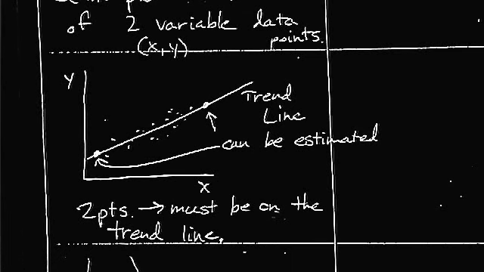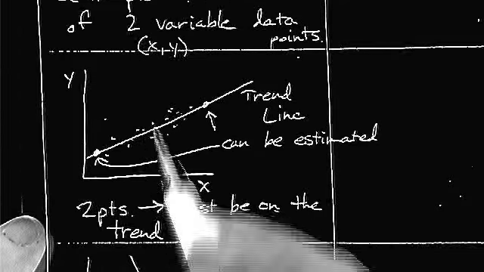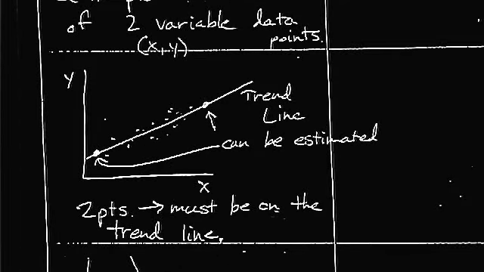But don't look at it and say, oh, I'll just draw a line so it goes through 2 of the data points and then I can use those 2 points. Don't do that. That's not what a trend line is. A trend line goes through the middle the best you know how. So you're going to have to estimate 2 points. In fact, maybe on the test I'll say you can't use data points, because I want you to estimate them. They have to be far away from each other, because if you pick them real close together, you can actually make a mistake. You can actually make the line much different looking.